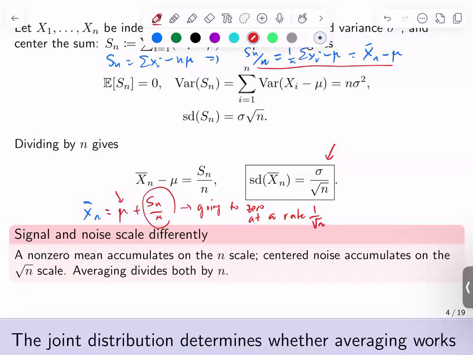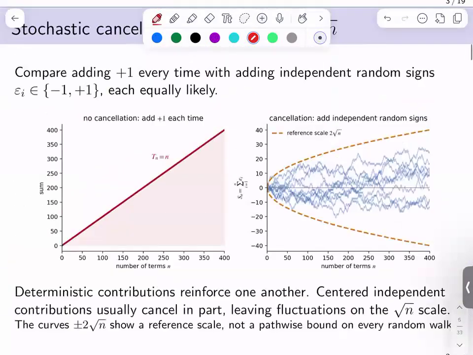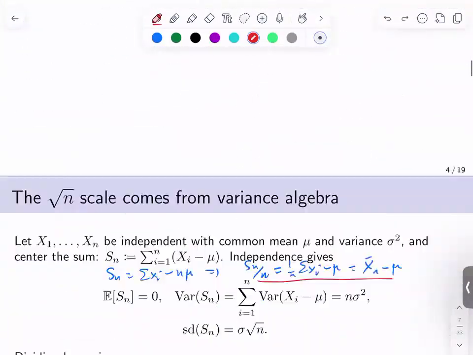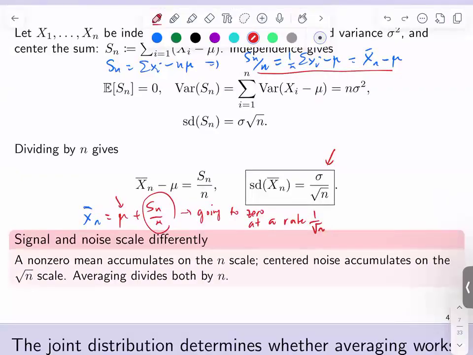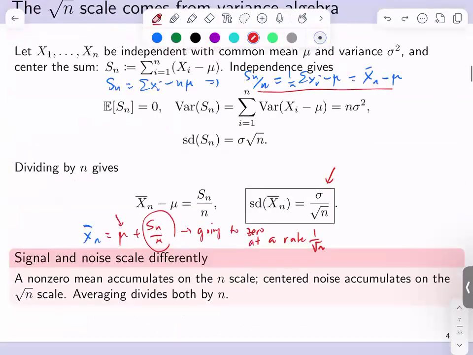But you can see the signal remains unchanged, and the noise shrinks. Okay, this is really just another rewriting of this fact. You don't have to worry too much, but sometimes you can write it in terms of the sum and look at it a little more clearly. Any questions so far? So far, things should be kind of standard.